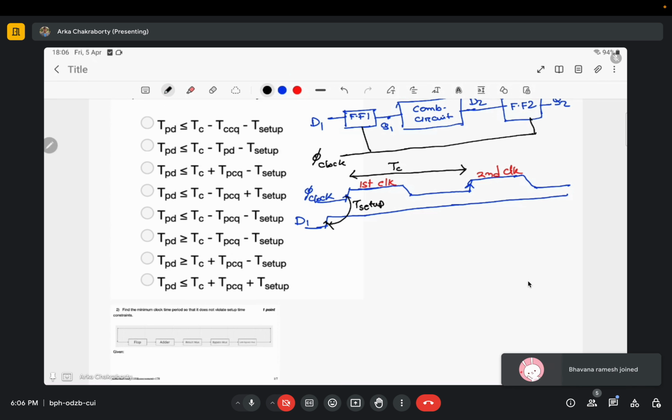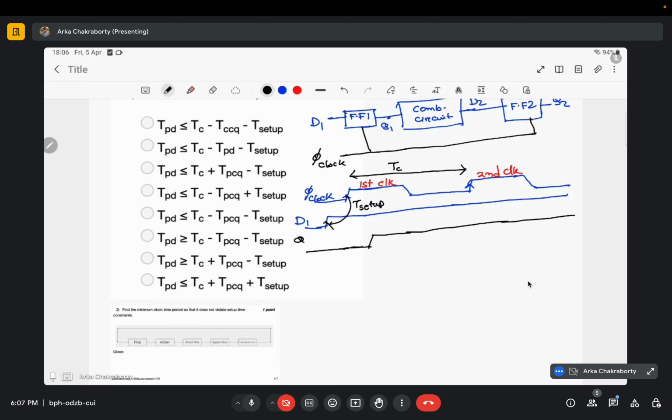Now what would be the Q1? It would be a little delayed version of D1. So after the clock has arrived here, Q1 would be somewhere here. So this one would be my Q1.